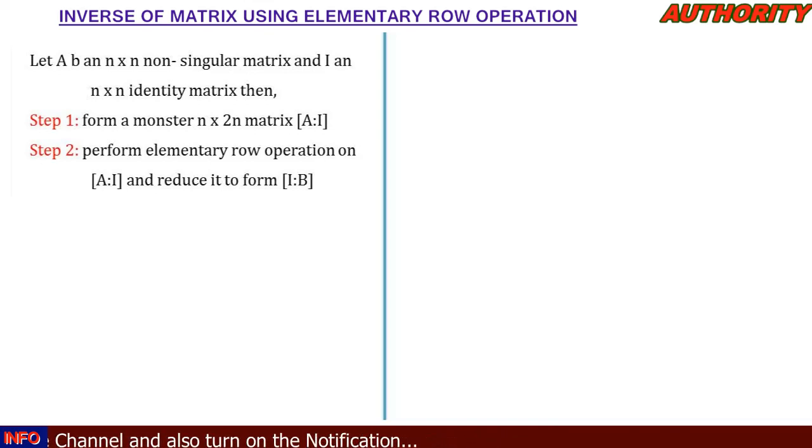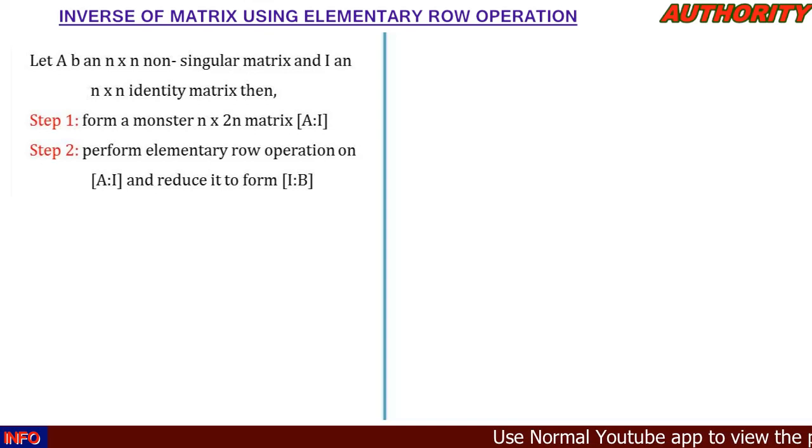We are going to perform elementary row operations so that this A will turn to identity, and this side, which is identity, will turn to another form of matrix. That matrix, let's call it B, is automatically the inverse of matrix A.